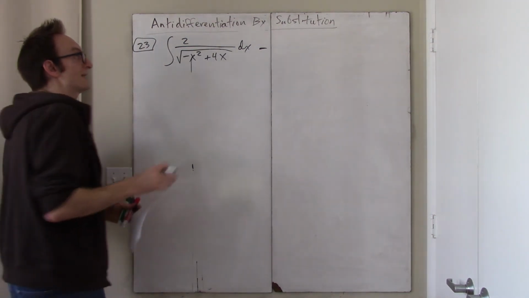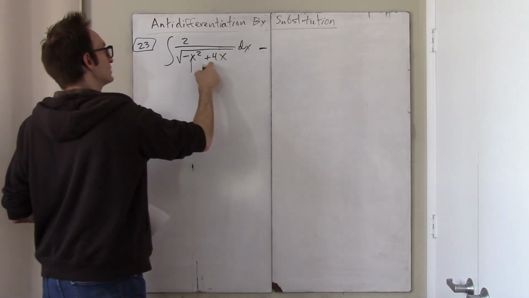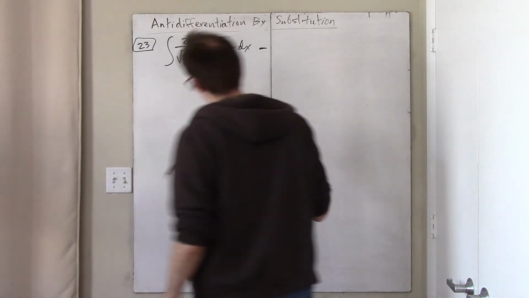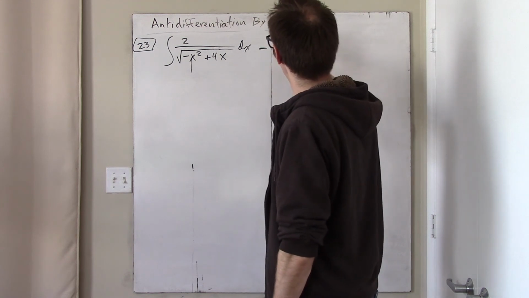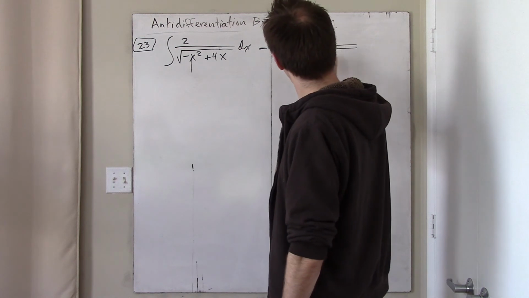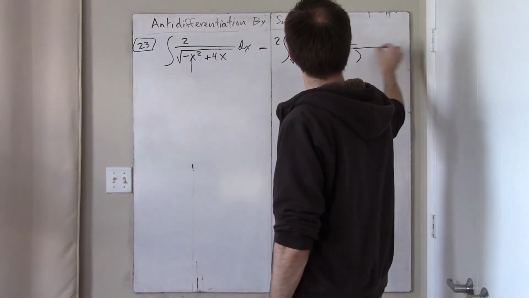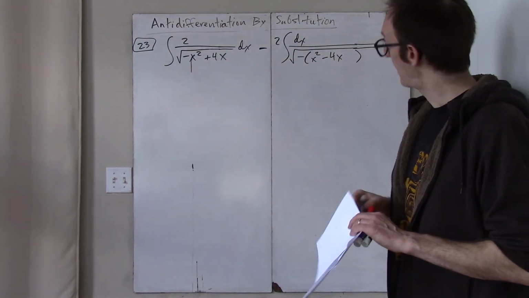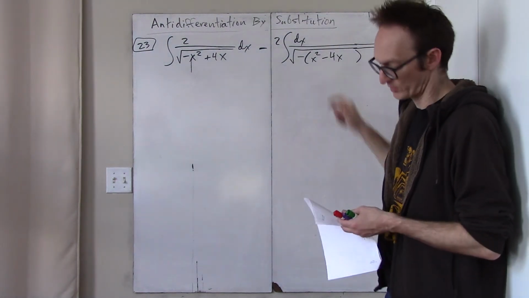And so when in doubt, when you have a quadratic, you can complete the square. And so that's what I'm going to do right now. I pull out the 2 because it's not doing anything. And down here I have the square root of negative x squared minus 4x, boom, and boom. Okay, all right. Notice I factored out the negative, but okay, it's all working out.